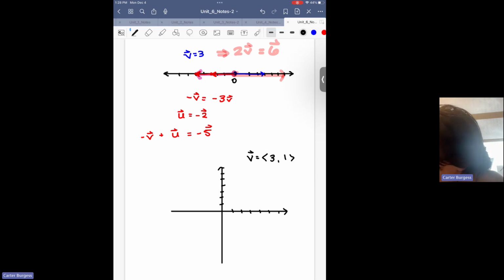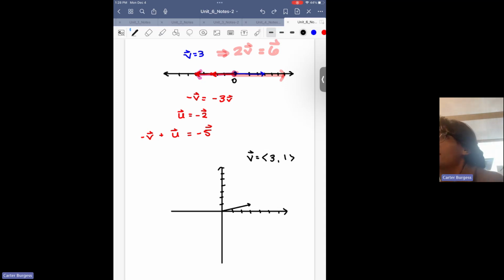And so we go over 3, up by 1. Something like this. Vector b. But that's going to get messy, so we're going to leave that off.